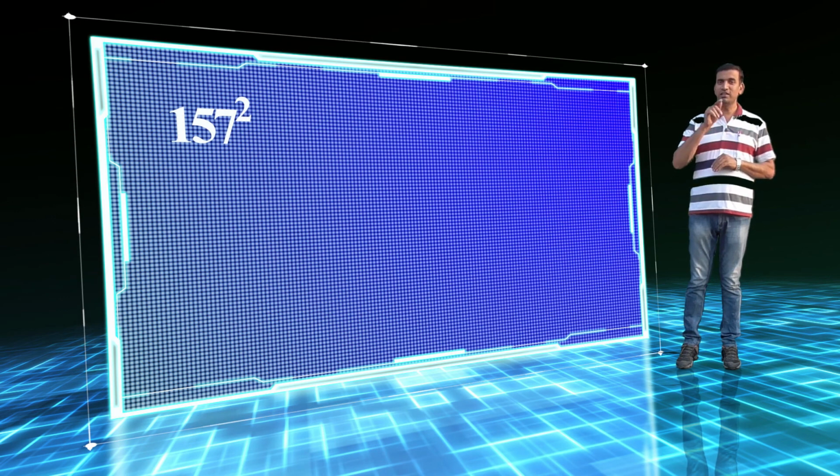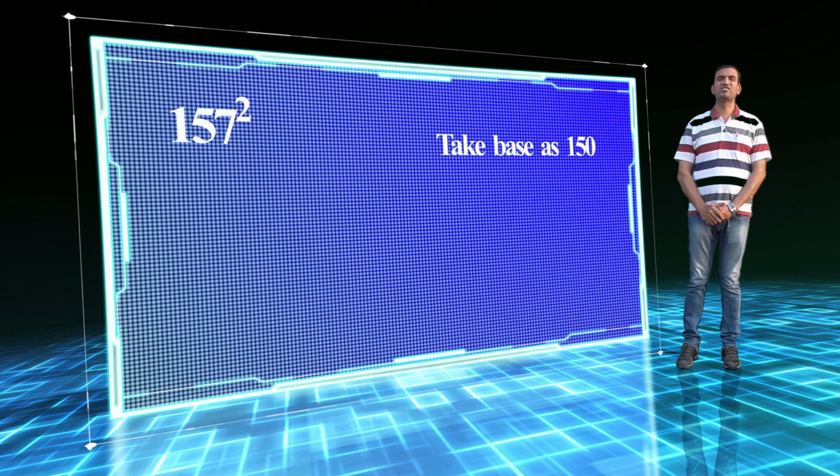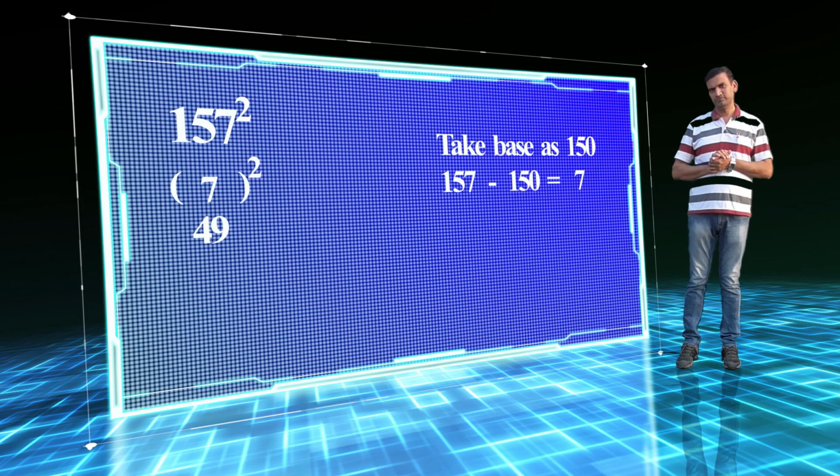So in this case, you should take the base as 150 instead of 100, meaning 1.5 times the base. If you take 150 as the base, extra 7 is there. 7 squared is 49. Now 157 plus 7 equals 164.